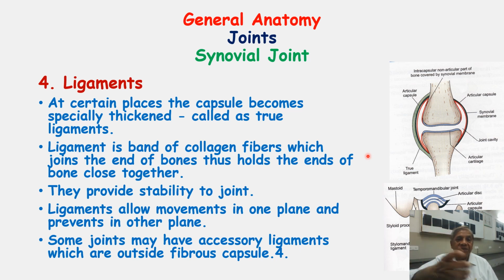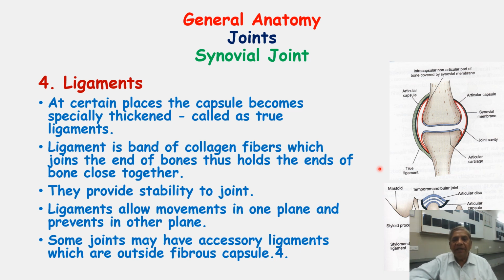At certain places the capsule becomes especially thickened, called a true ligament. That means the capsule itself becomes thick and forms a ligament. A ligament is a band of collagen fibers. What is a ligament? It is a band. The articular capsule is also a membrane or layer of collagen, and the ligament is also collagen, but it is a strong band.